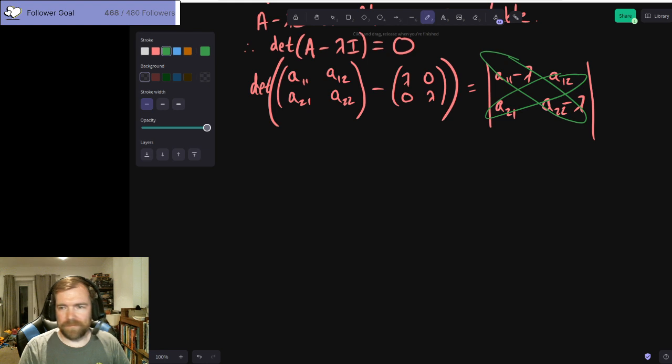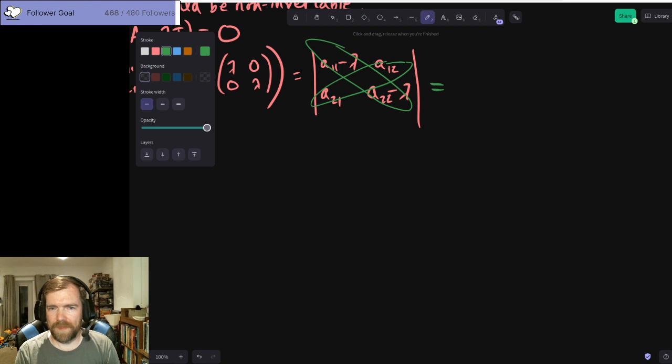So basically, the top to bottom diagonal and then the bottom to top diagonal. I'm trying to just say that the first and fourth entries and the second and third entries, you subtract the products.